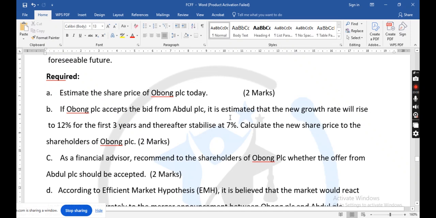Is there any increase? If there is an increase, you could say Obong should accept the offer, because there is an increase in the share price.